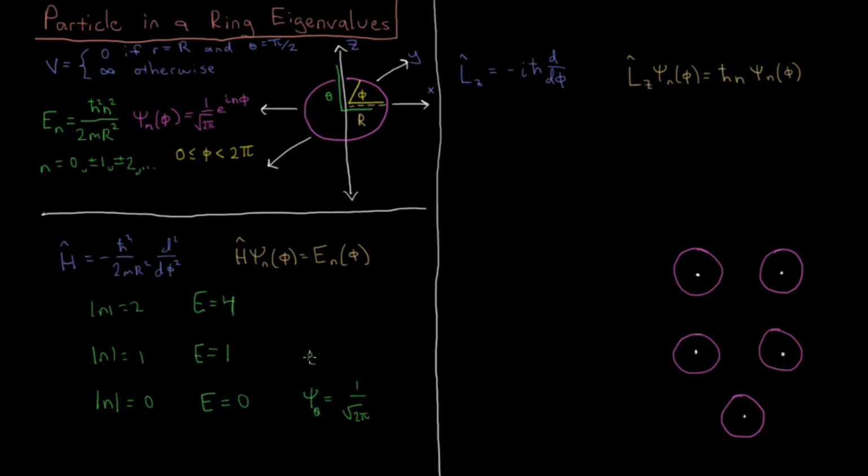And we have these e to the plus or minus i phi for n equals plus or minus 1, e to the plus or minus 2i phi for n equals plus or minus 2. So you see the pattern there as we're going up. But these energies for plus and minus 1 aren't distinguished. The energies don't distinguish the individual states.